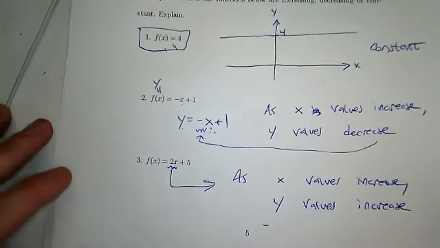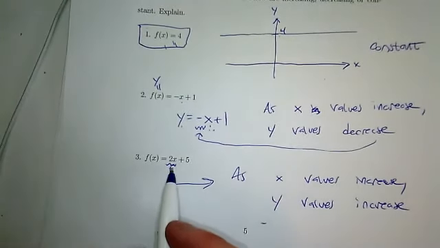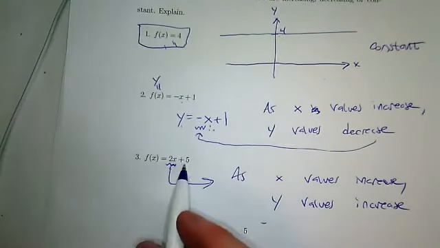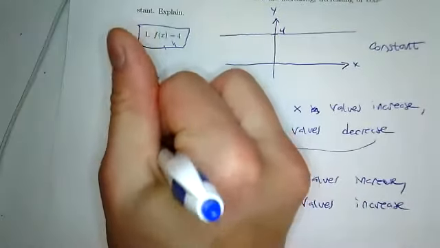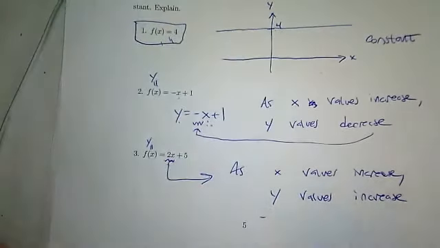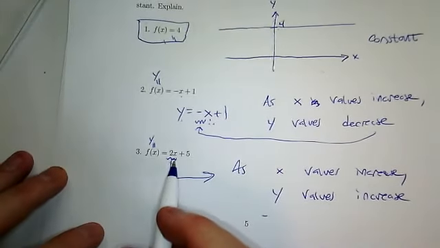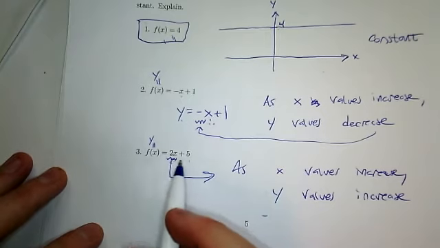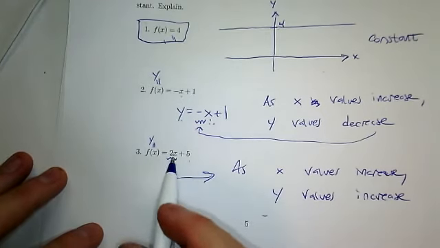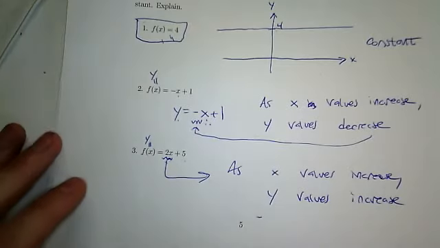If I go from x equals 1 to x equals 2, the difference in the y is 2, because I'm basically just adding 2 every time I increase the x by 1 unit. For instance, if I start at 0, I get 5. If I plug in 1 for x, I get 7. If I plug in 2, I get 9. If I plug in 3, I get 11, and so on. You just keep adding 2 every time.